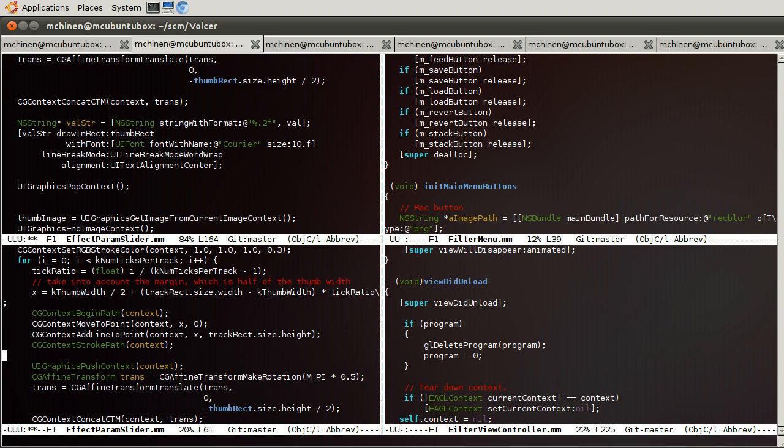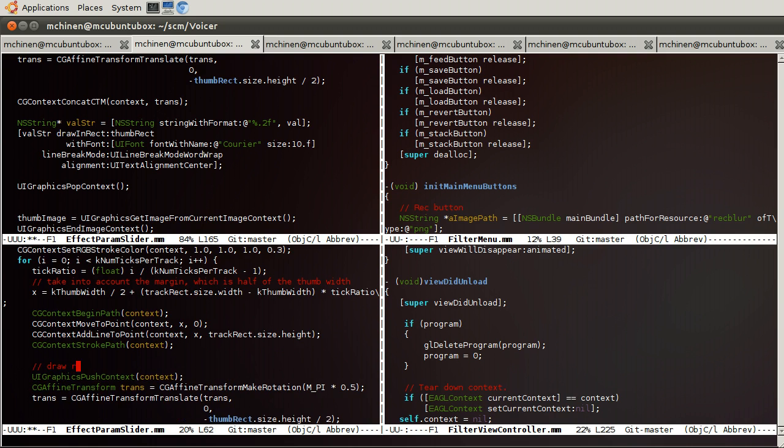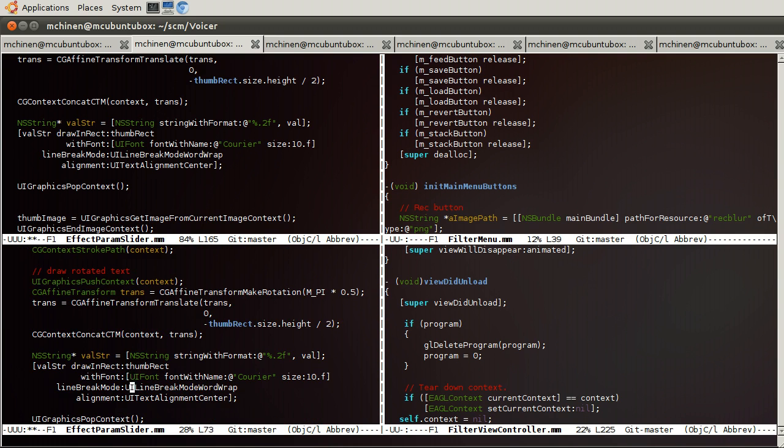Yeah, so we now draw rotated text. Now it's track rect. So what are we doing? We're rotating. We're getting a translate after the rotation.